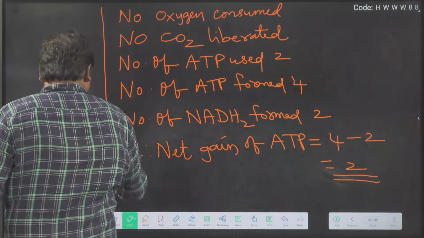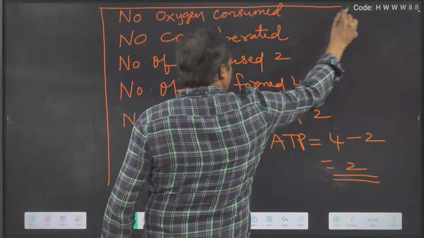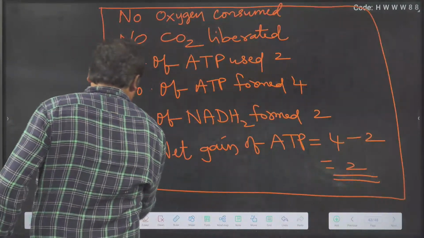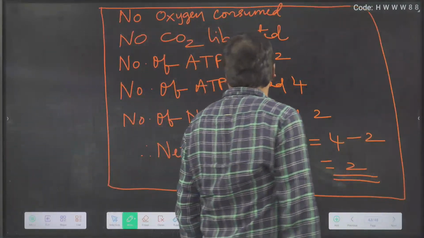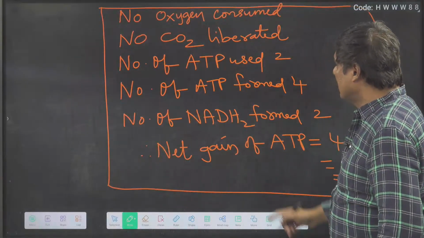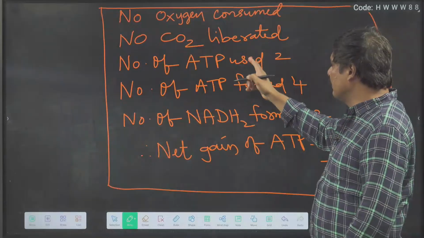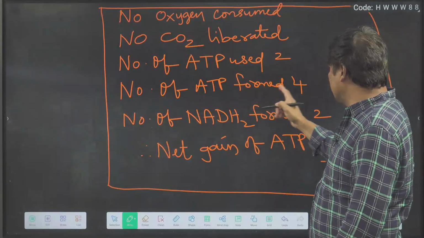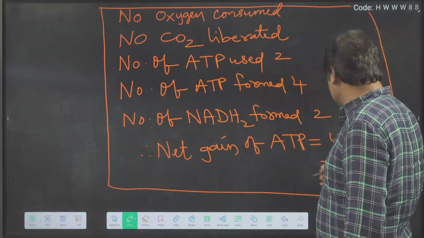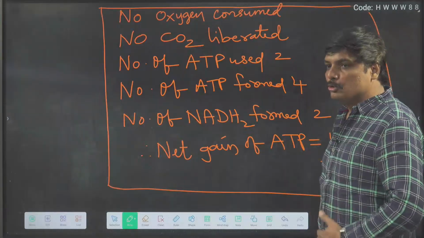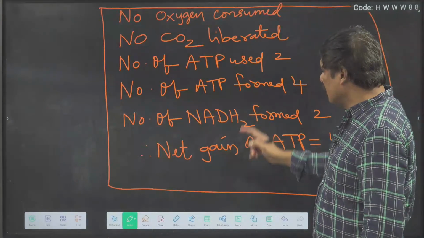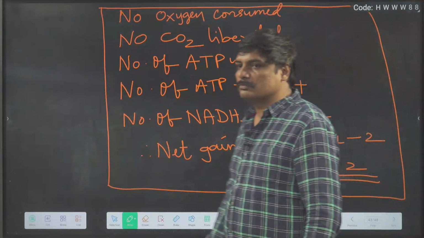This is glycolysis in a nutshell. Oxygen is not consumed, CO2 is not liberated, number of ATP used is 2, number of ATP formed is 4, so net gain of ATP will be 2 and number of NADH formed is 2.